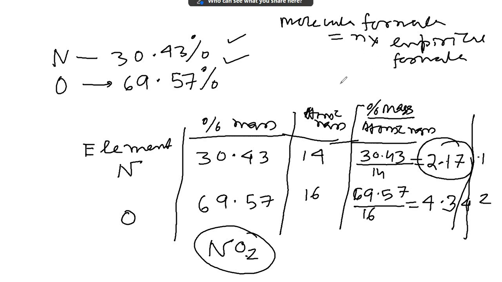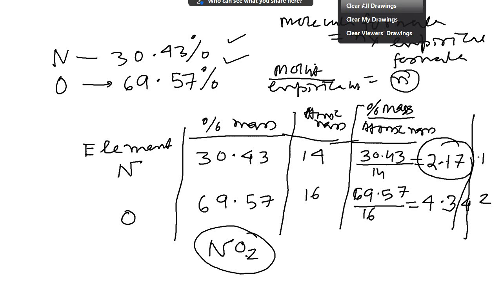So N equals molecular weight divided by empirical weight. N is the simple whole number we have to find out. Molecular weight is given as 92. Let us do it on the next page.